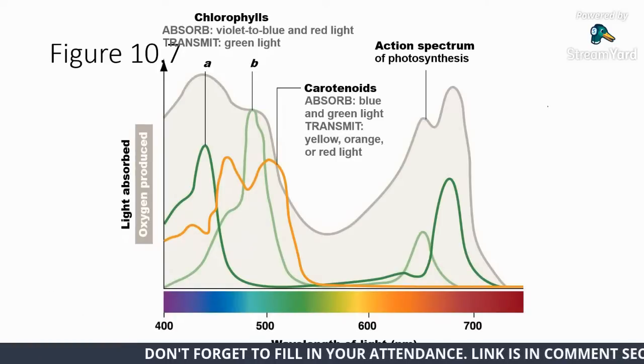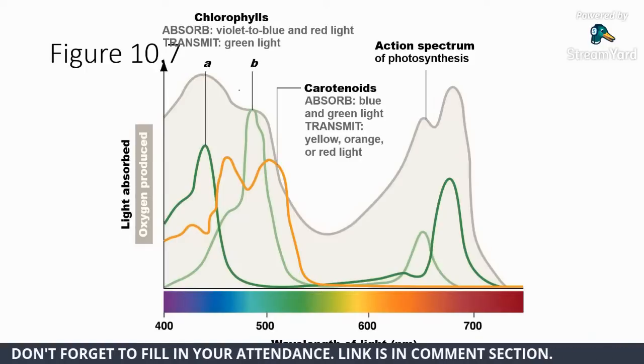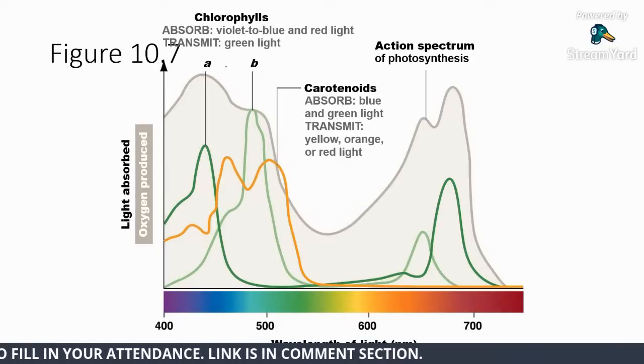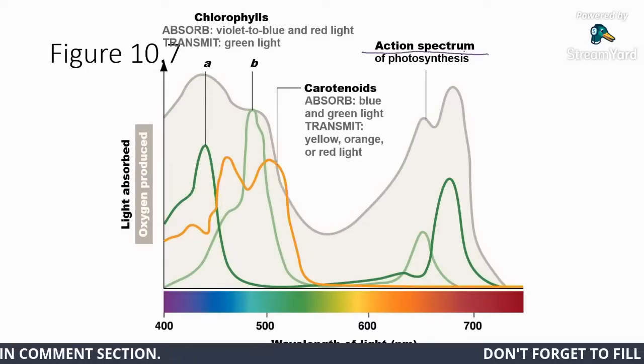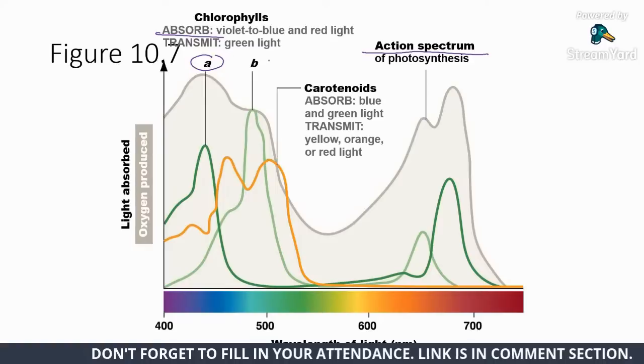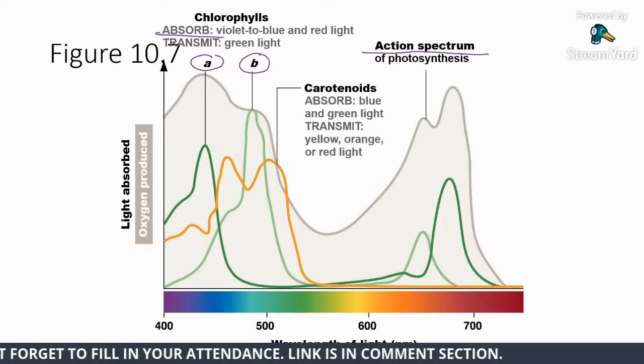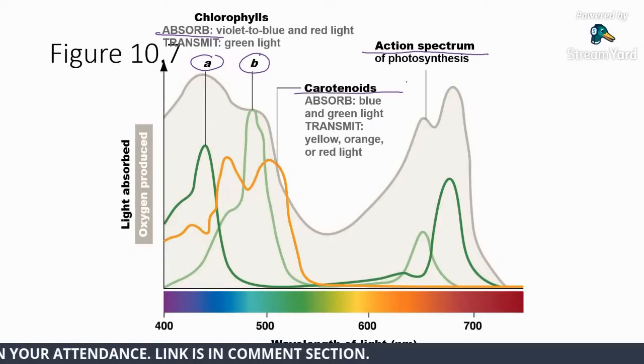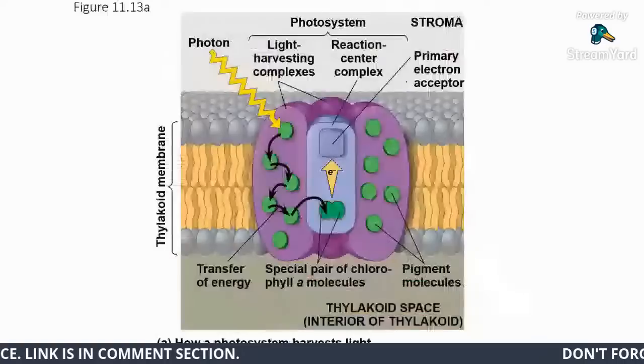So make sure you understand what does it mean by action spectrum, what does it mean by absorption spectrum. So yang ni menunjukkan kedua-dua graf. Kita ada 3 major pigment yang kita tunjukkan di sini. Right? You kena faham lah graf ni.